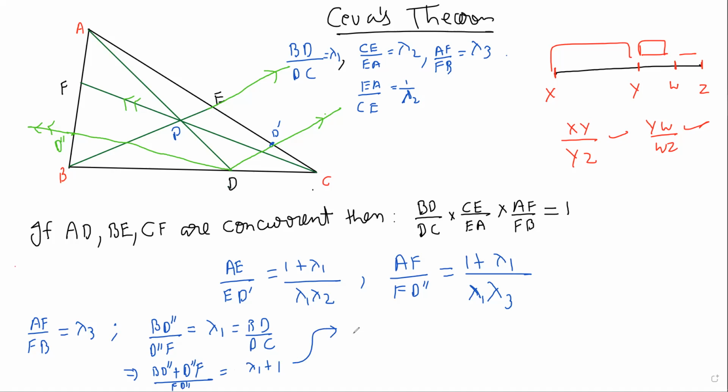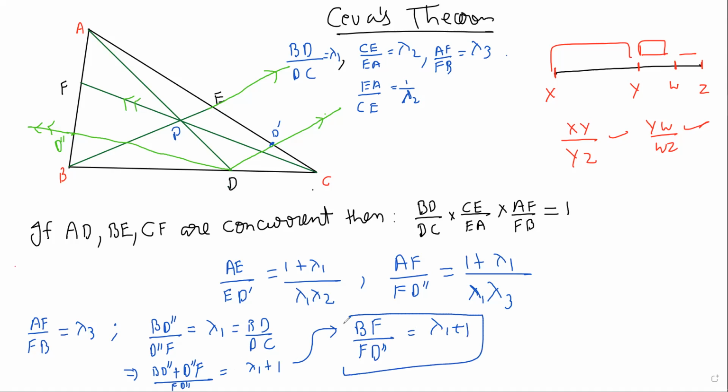So BF by FD double prime is lambda 1 plus 1.